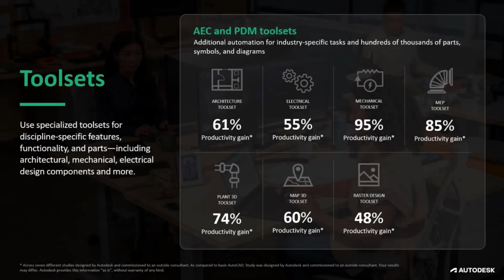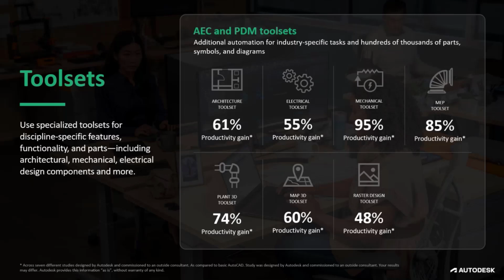So that's on apps and APIs. If you're interested to see what apps are available, you sometimes need to go and search and see what you need. You can see the overview or the explanation of the apps. Then the AEC and PDM toolsets. These are the AutoCAD toolsets. You know how AutoCAD has AutoCAD Mechanical, AutoCAD Architecture, AutoCAD Electrical, and so on.